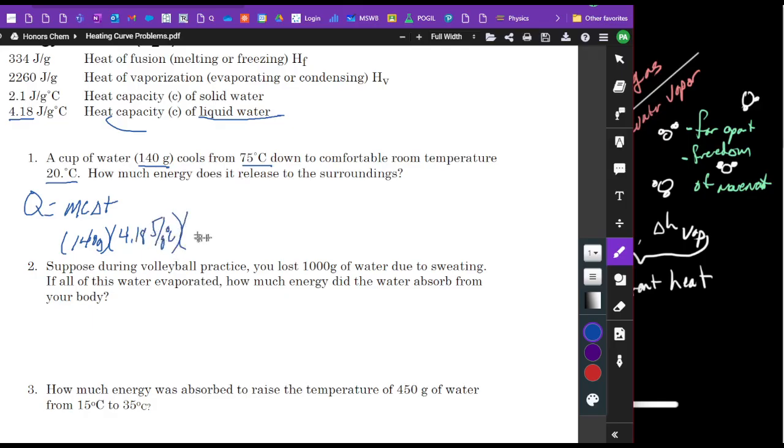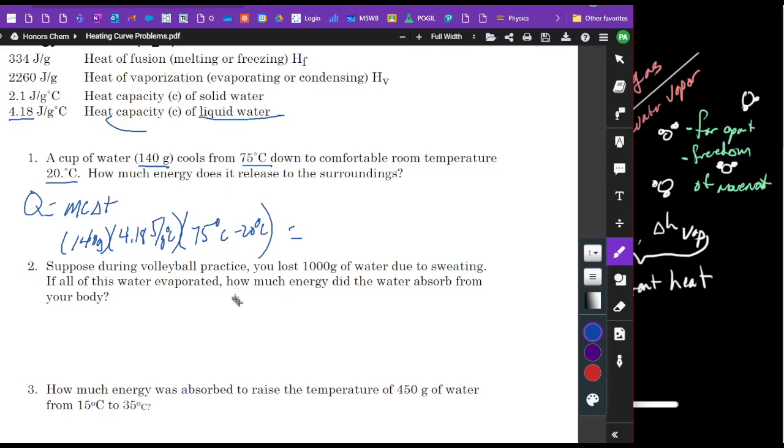And then we have a change in temperature of 75 degrees Celsius minus 20 degrees Celsius. You guys can figure that out, we've been practicing that for the last couple of days. But let's take a look at number 2.